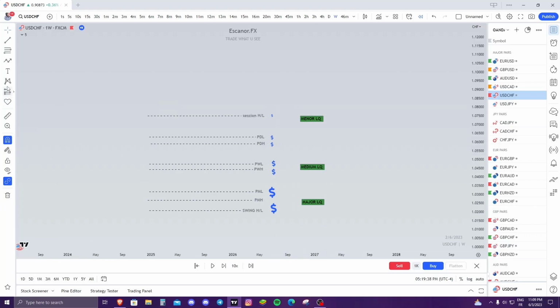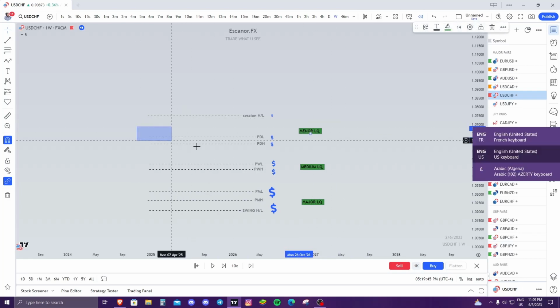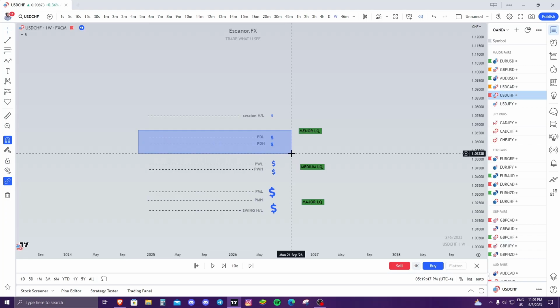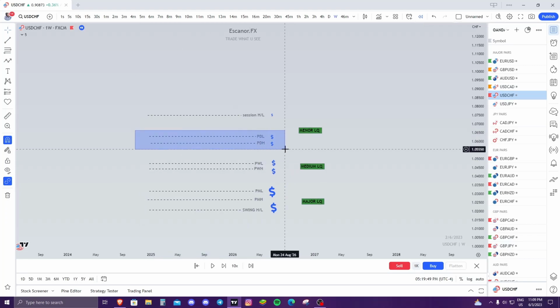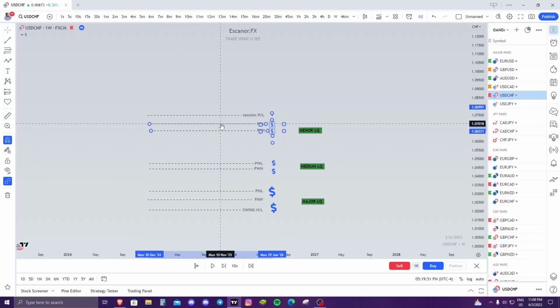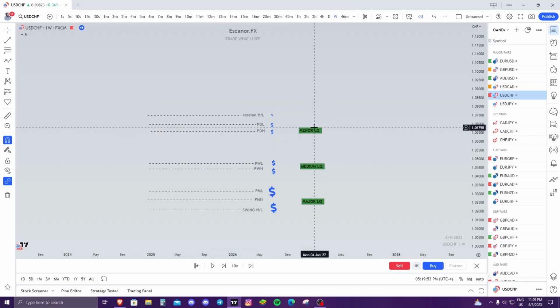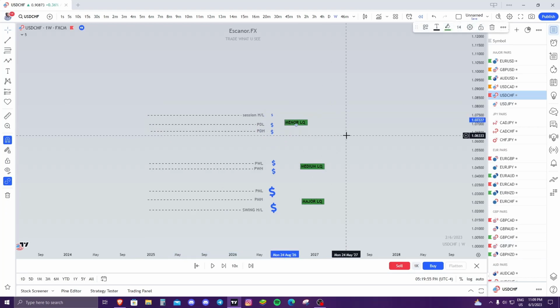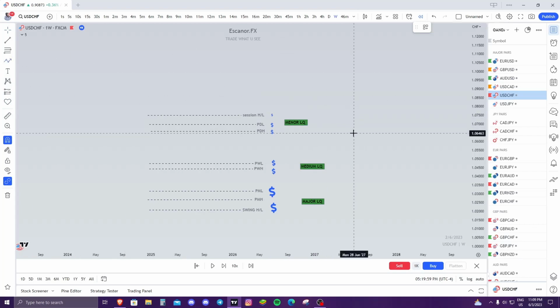The minor liquidity is the swing, the session highs and lows, and the previous day high and previous day low. Okay, so this one is like a minor liquidity. Like we know, in the day we have 3 sessions.